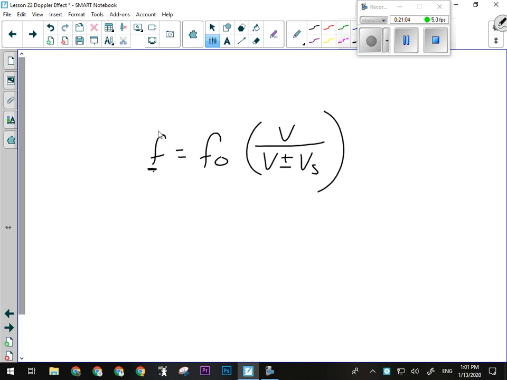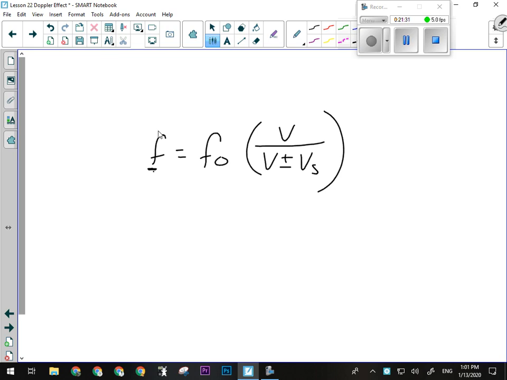All right, in which situation would I want to use the plus? Because it says plus or minus, I've got to decide when I use plus and when I use minus. So should I use plus for approaching or retreating? Okay, think about this. If the object is approaching me, is this number bigger or smaller than this number? Bigger. Okay.